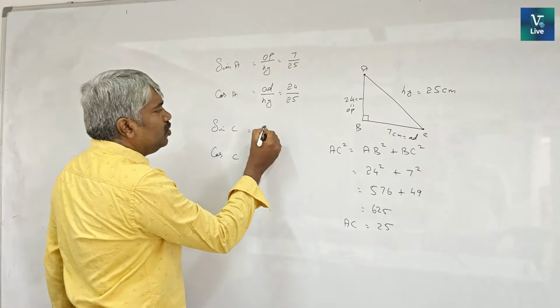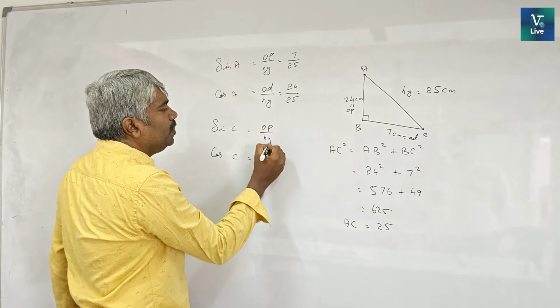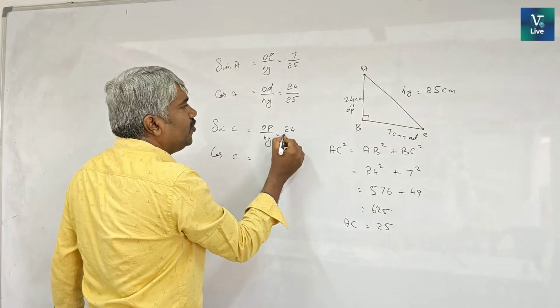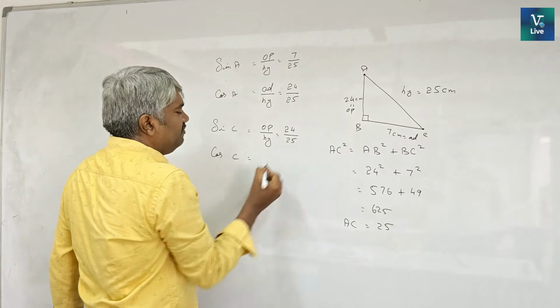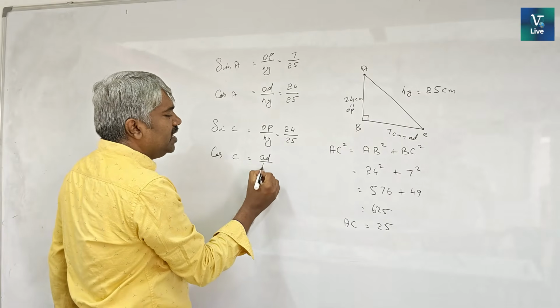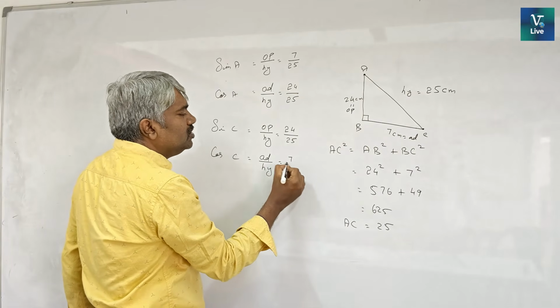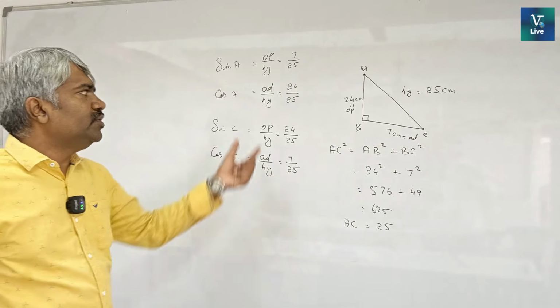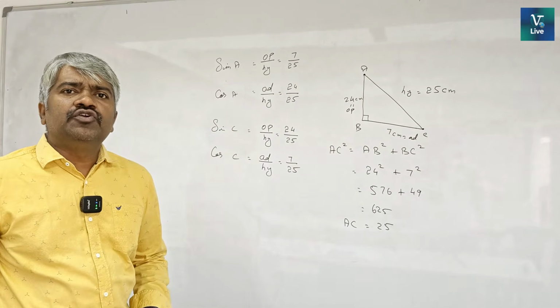So, sin C equals opposite by hypotenuse. In this case, your opposite value is 24, hypotenuse is 25. Next, in cos C, the formula is adjacent by hypotenuse, whereas the adjacent side is 7 centimeters and hypotenuse is 25. So this is the solution for your first problem.